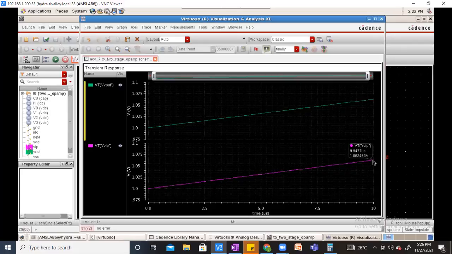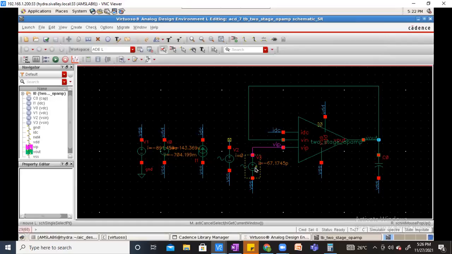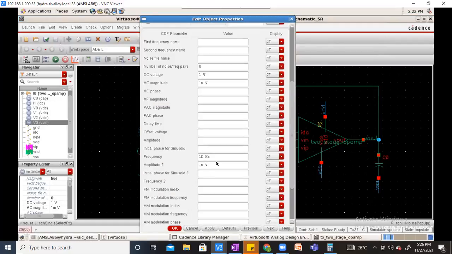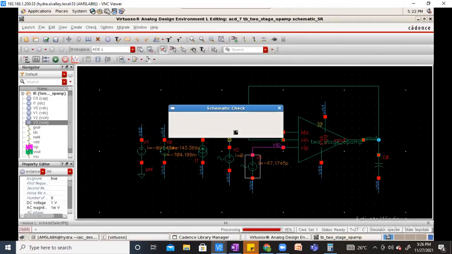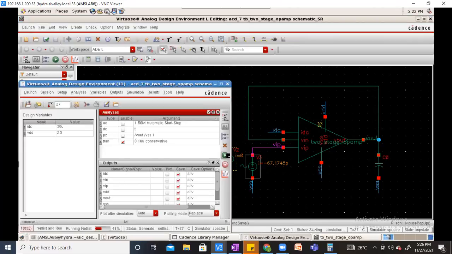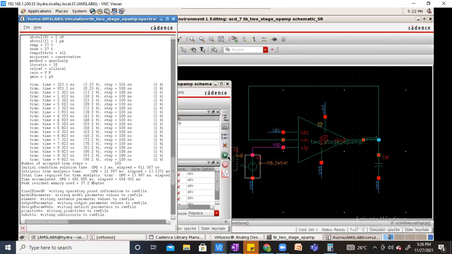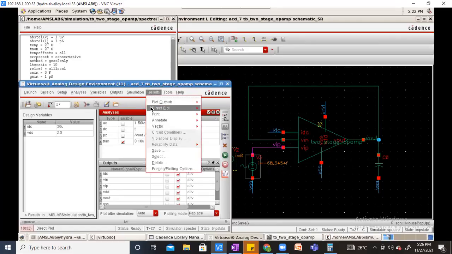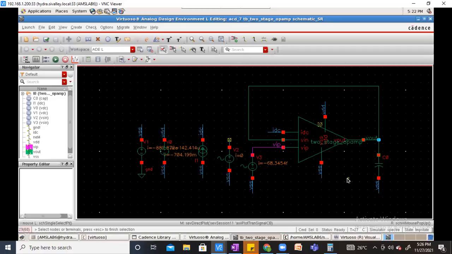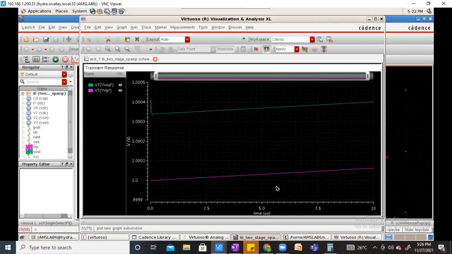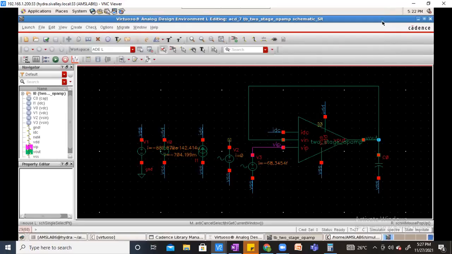We are doing transient analysis, but in the voltage source you also have the AC.